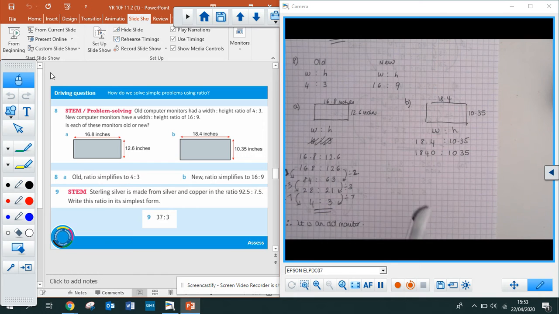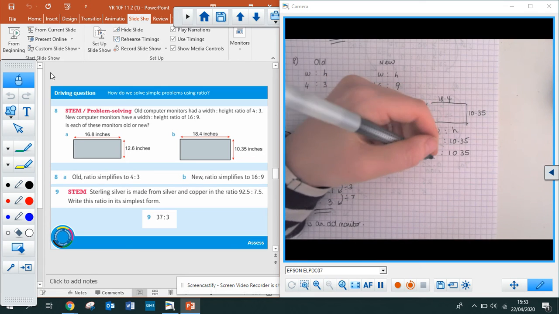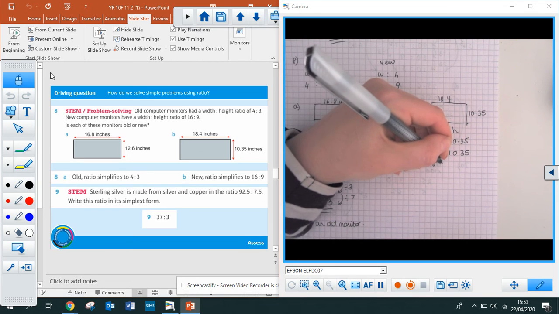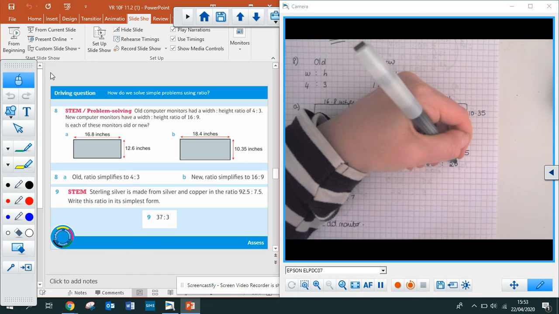I know they both end in 0 or 5, so they're divisible by 5 at least. That's going to be the best place for me to start. So I'm going to divide by 5. 1,840 divided by 5 is 368, and 1,035 divided by 5 is 207.